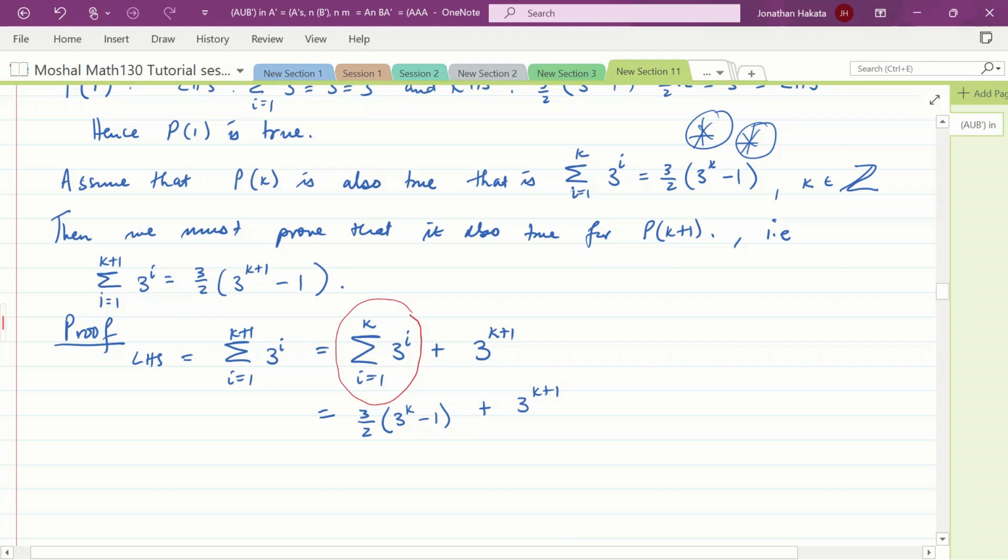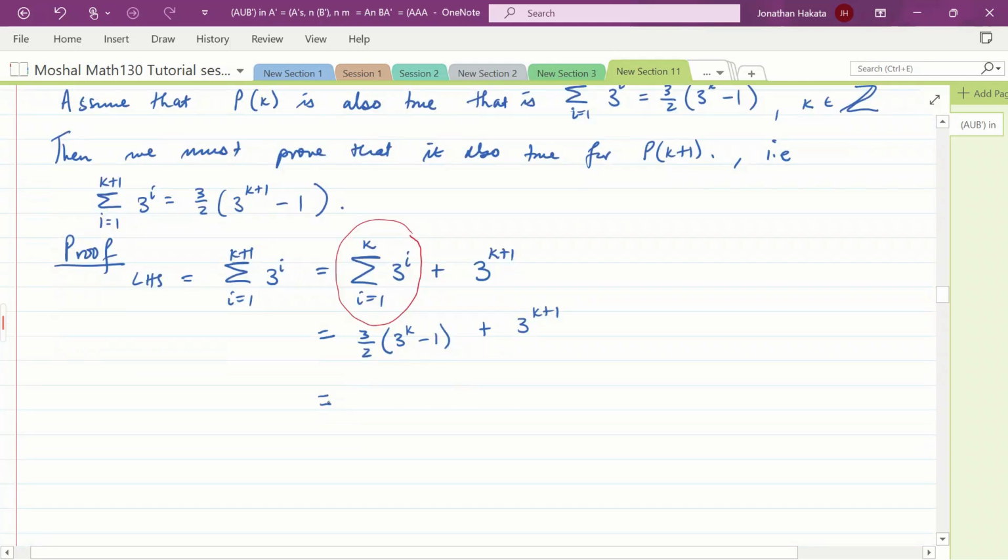So let's simplify further. Now if I'm going to remove brackets, I'll end up with 3 over 2 times 3 to the k minus 3 over 2 plus 3 to the k plus 1. I just removed brackets.